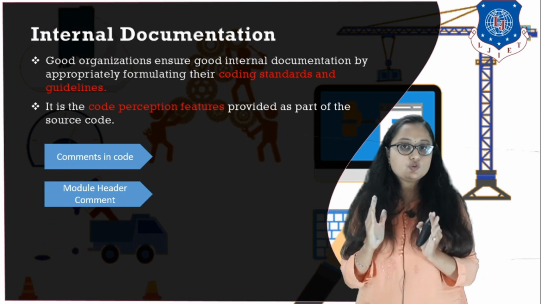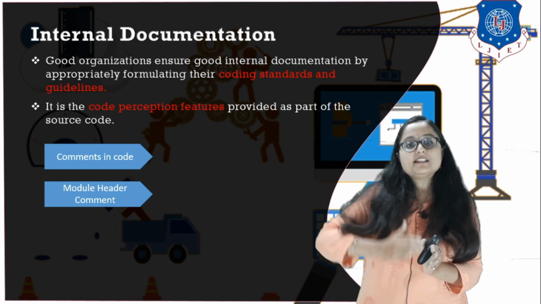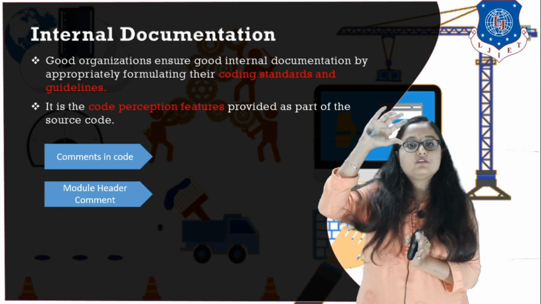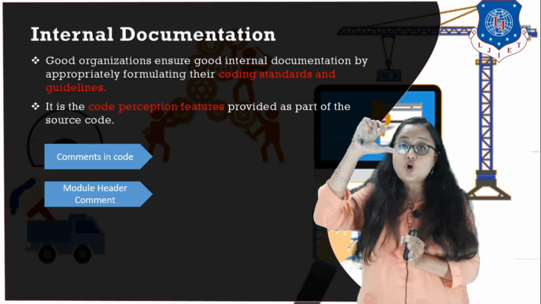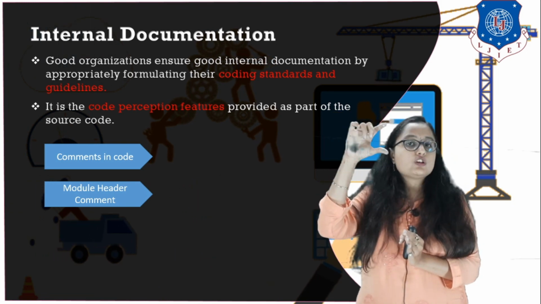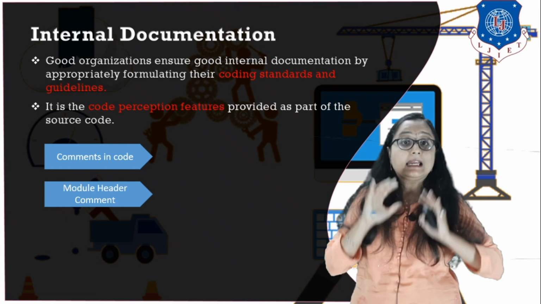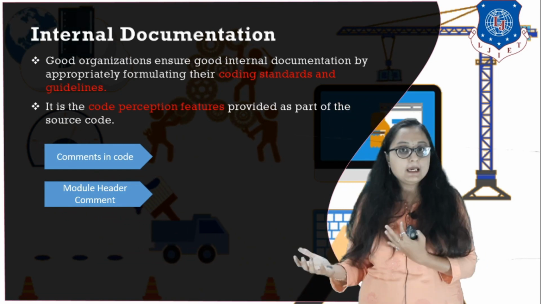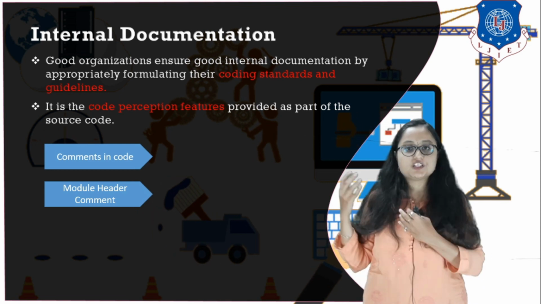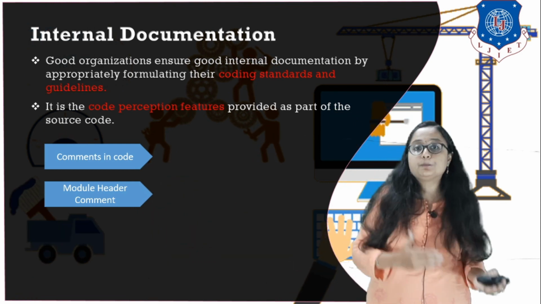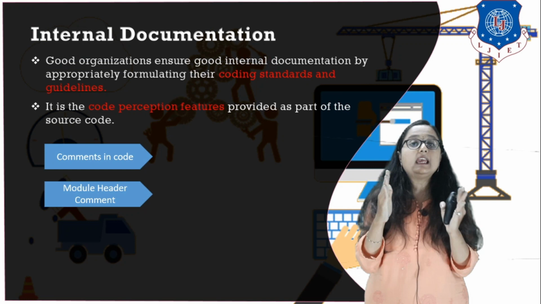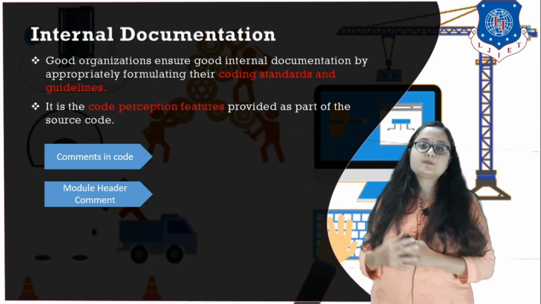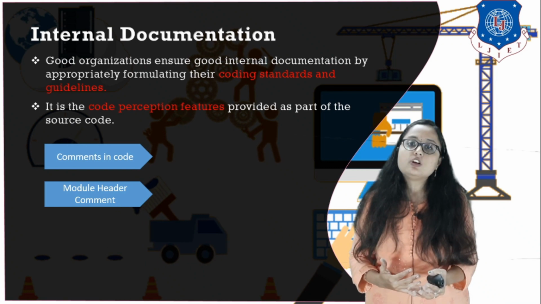There is a particular author who will be starting the module, and before starting the code, there will be a proper format of the module header. It is a comment in which you specify the module number, the module name, the module description, the functions that you are going to use, and the input and output parameters. There is a predefined format for that which you have to specify before starting the actual module, right?